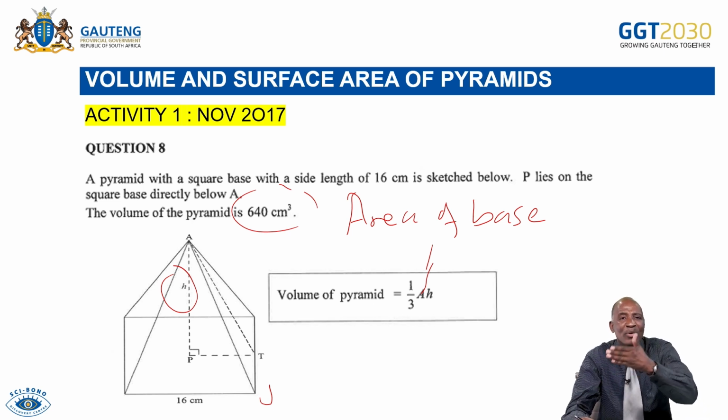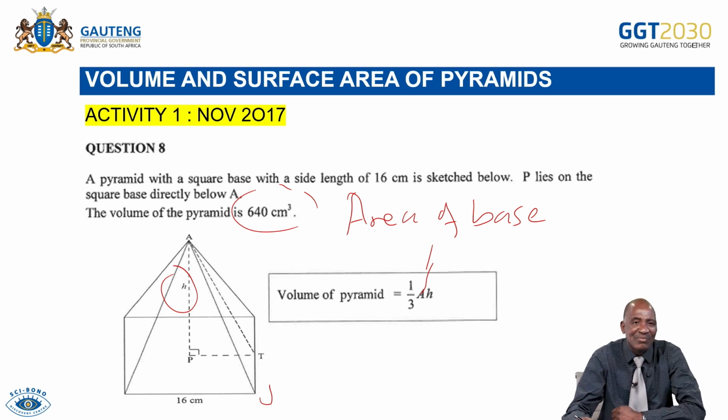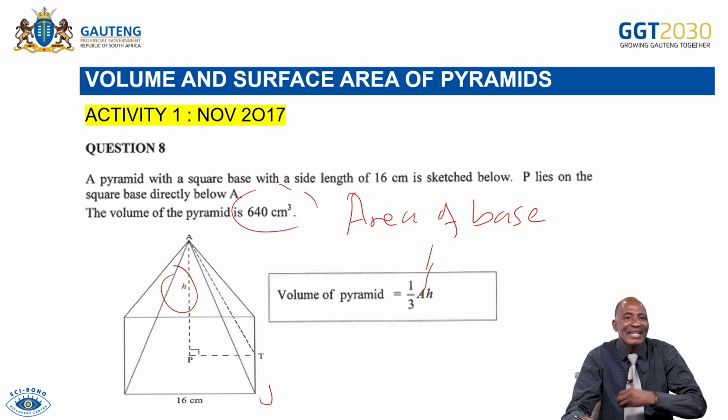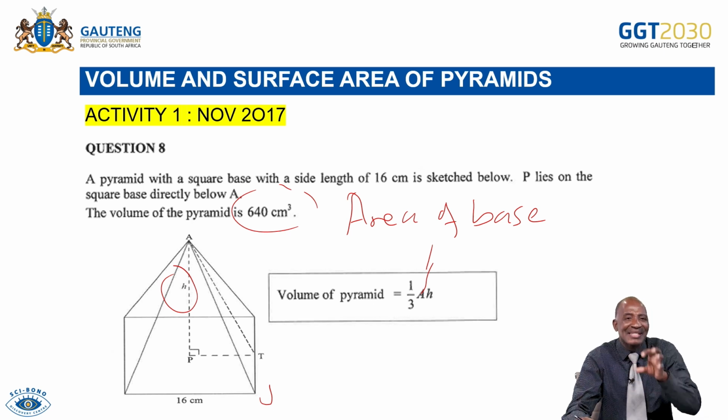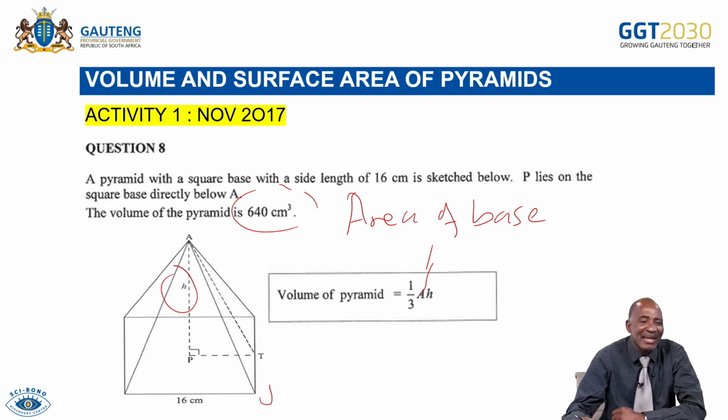SOHCAHTOA, sine is opposite over hypotenuse if an angle has been given to find a missing side. Those are the level 4 types of questions now that will involve angles. But otherwise, a simple question will have its dimensions readily available. Then you simply apply Pythagoras' theorem, it will work.